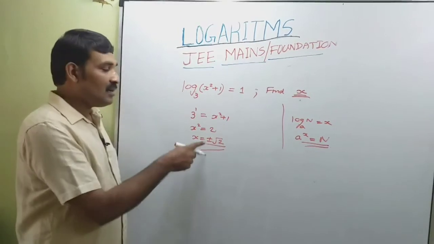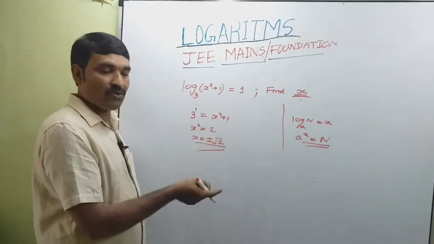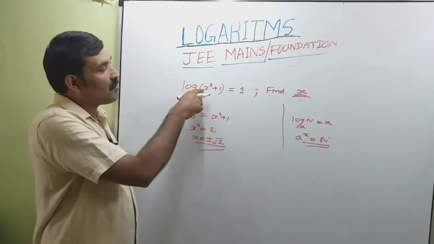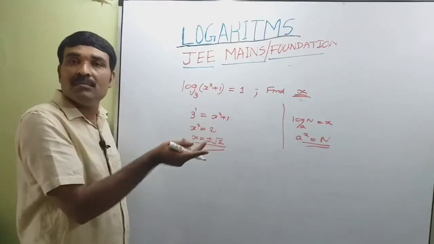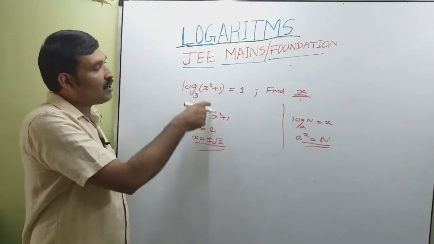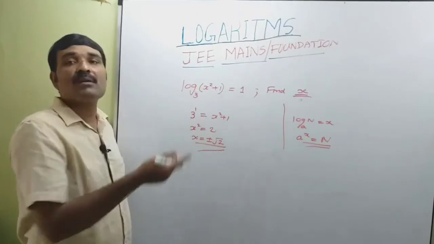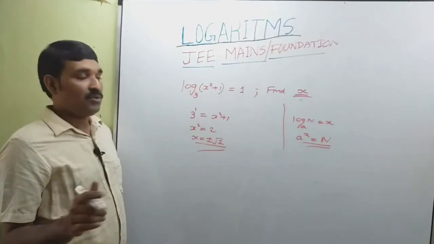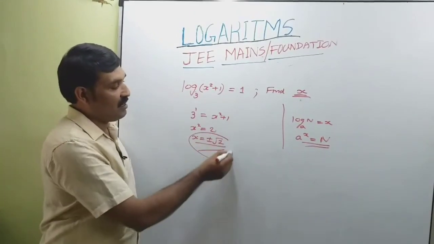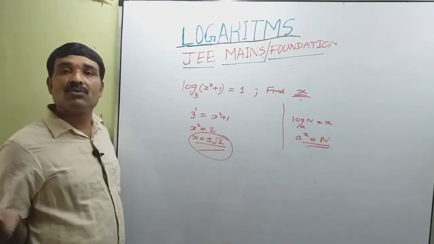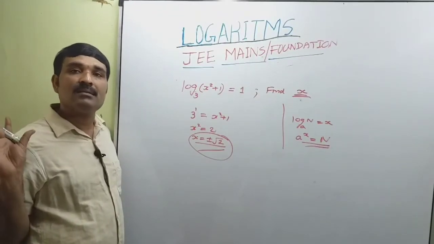Here x can be minus root 2 or plus root 2. If x is minus root 2, then minus root 2 square becomes 2, and with plus root 2, x square also becomes root 2 square, 2. So both values are satisfied. That is, x is equal to plus root 2 or x is equal to minus root 2.